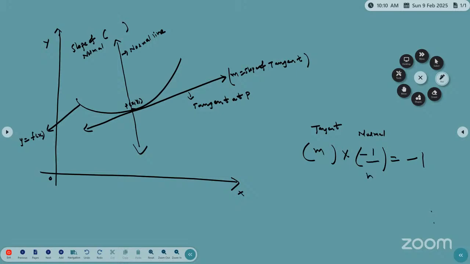Minus 1 by m. Multiply these two: m into minus 1 by m. How much? Minus 1. Very simple. If this is m, that is minus 1 by m.